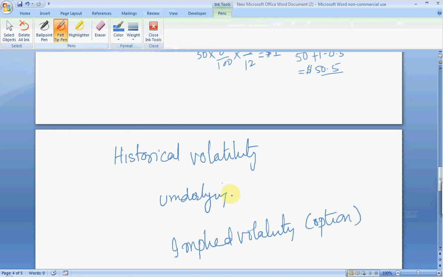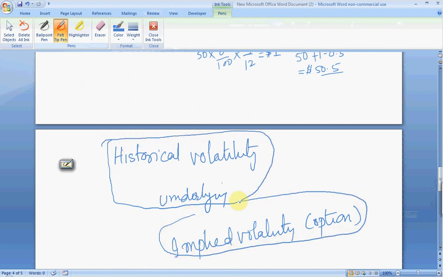We're going to talk more about this in detail, but note the distinction: historical volatility is the movement of the underlying, and implied volatility is how the option is priced, assuming how the underlying is going to move in the future.